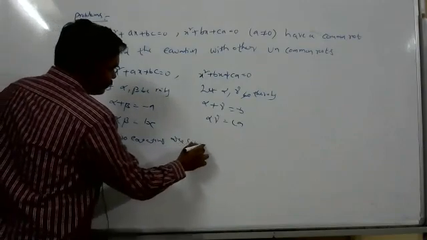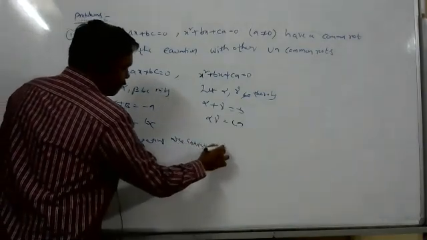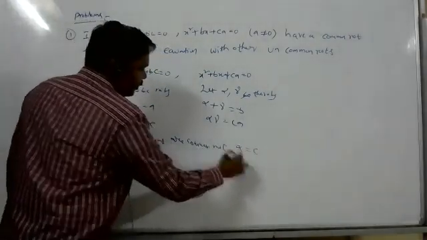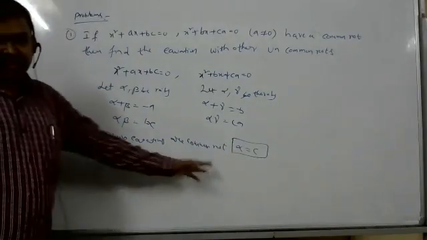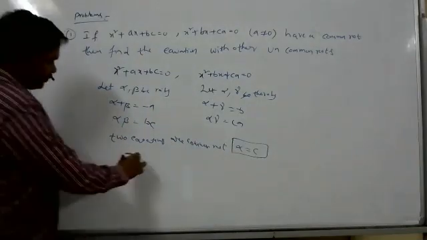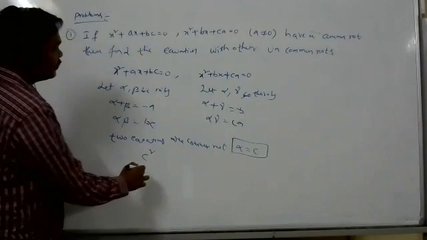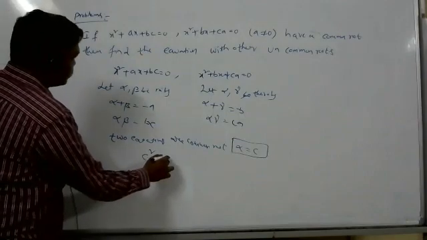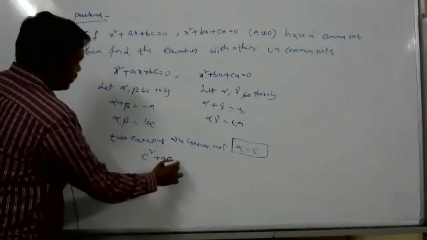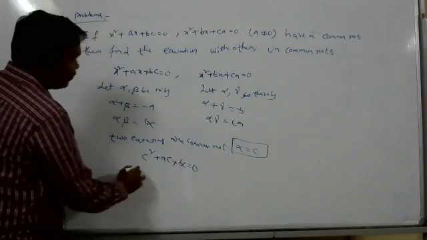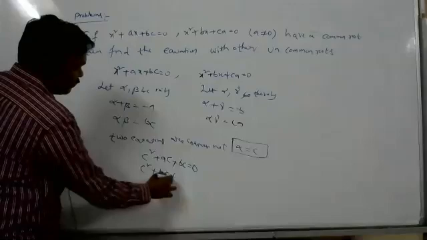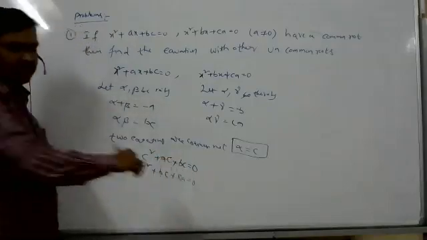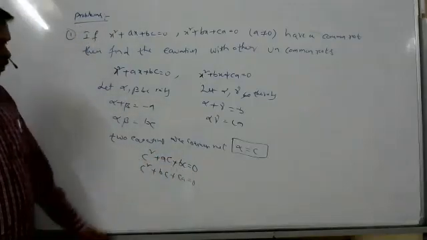Alpha is equal to c, right? Common root is alpha is equal to c. Then c square plus ac plus bc is equal to 0. One more equation, c square plus bc plus ca is equal to 0. Then product of the roots.